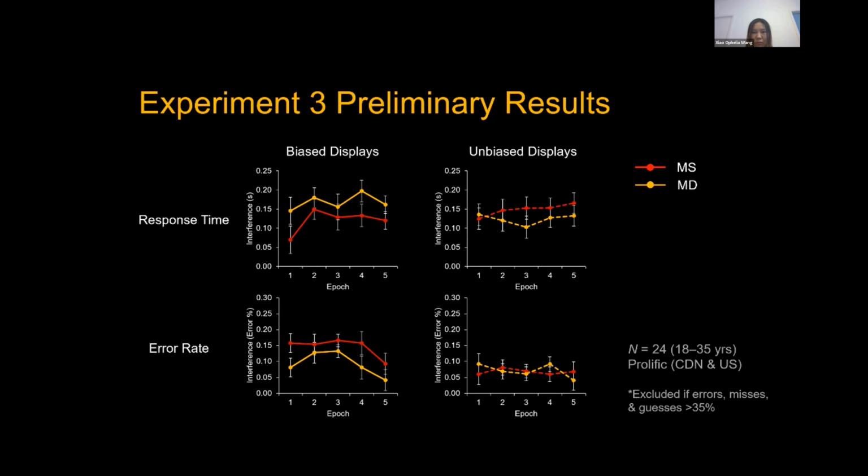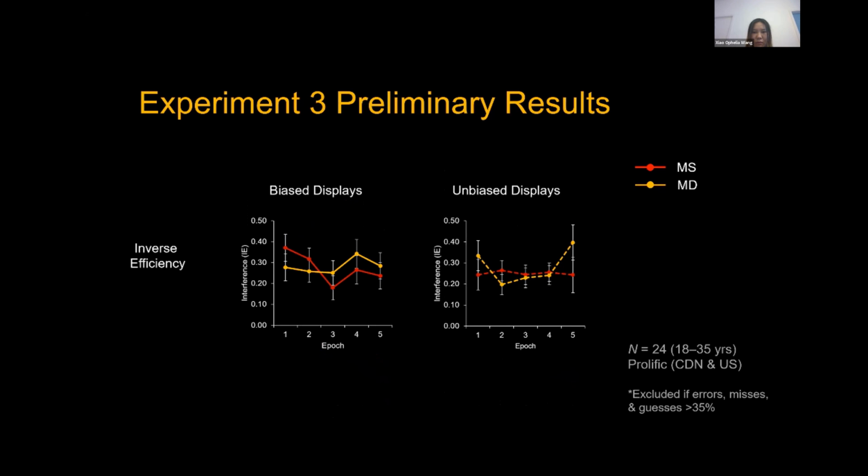Individuals do not benefit from having learned the previous features. This trend is also prominent when looking at the inverse efficiency, like I just mentioned, but we still need more participants to make the actual conclusion. Overall, our results suggest that transfer of attentional sharpening is specific to stimulus.